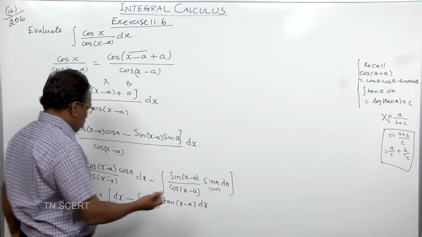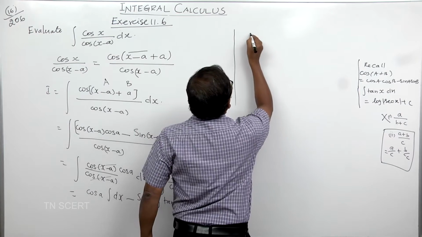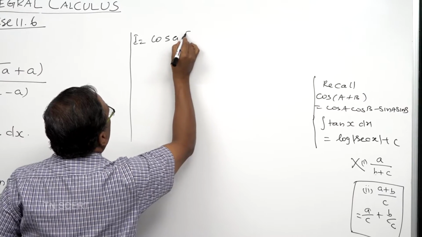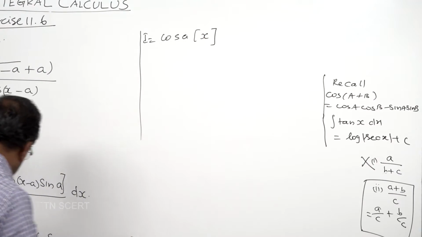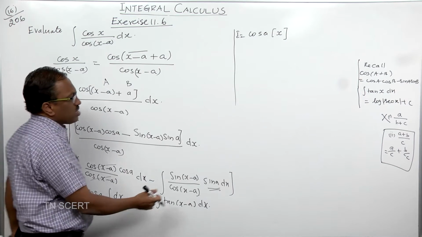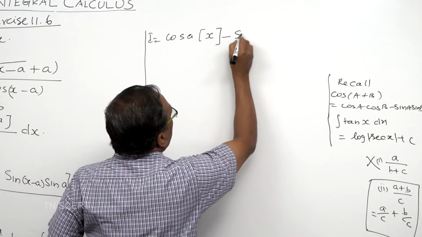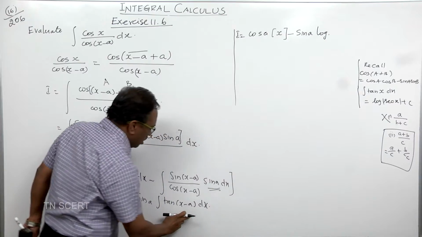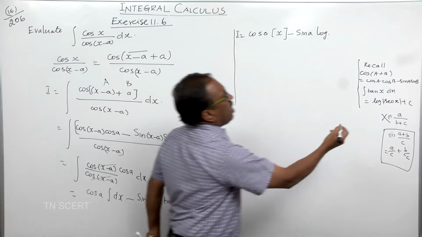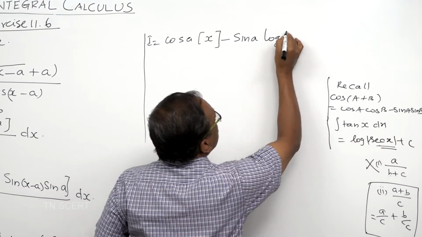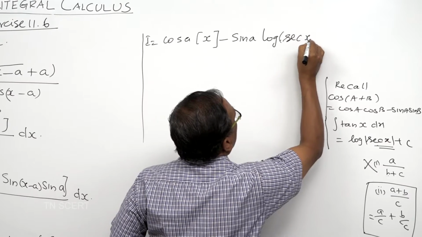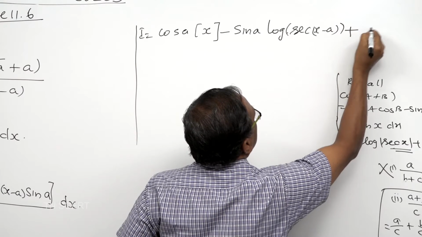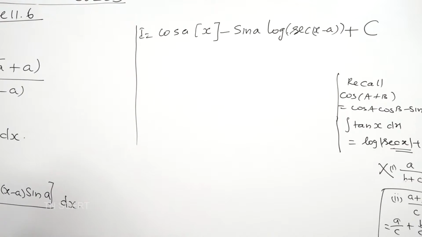So, tan x means log of secant x. So, we can do here, that is cos a, that integral becomes like this, and integral dx is nothing but x, minus sin a and log of, remember that this tan x, I can apply this formula here, secant of (x minus a) plus c, constant.